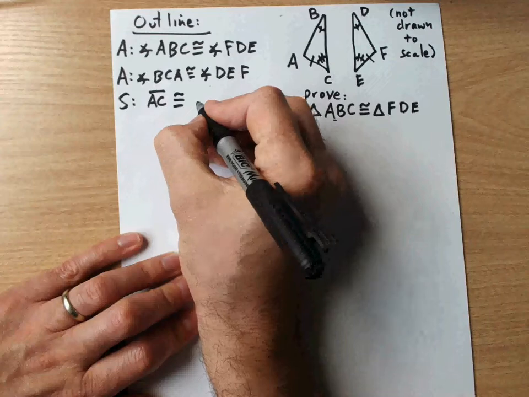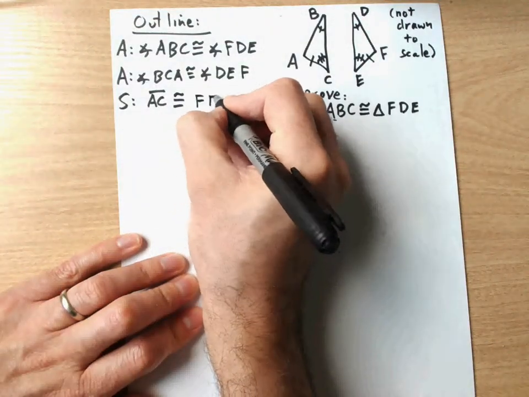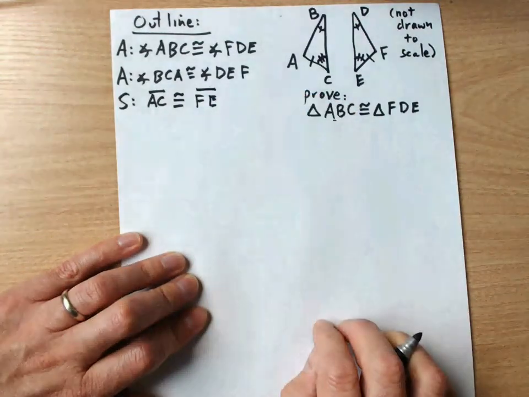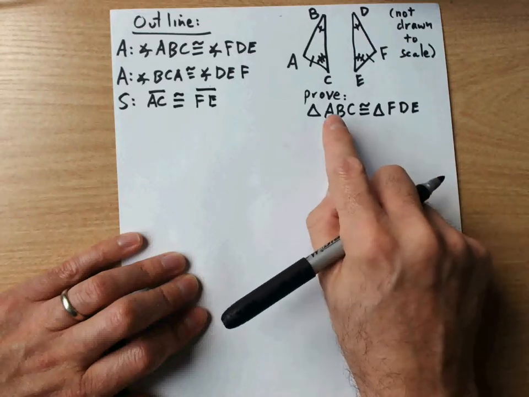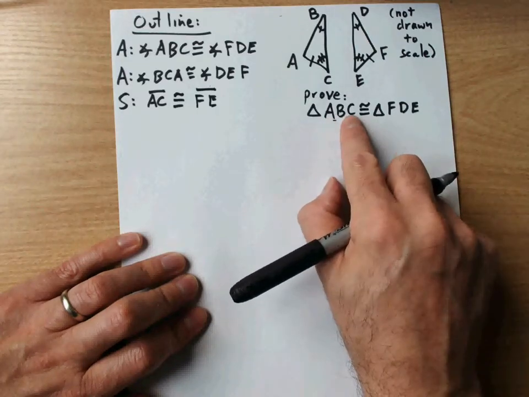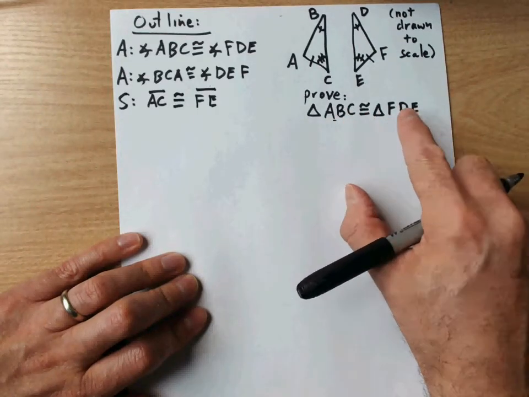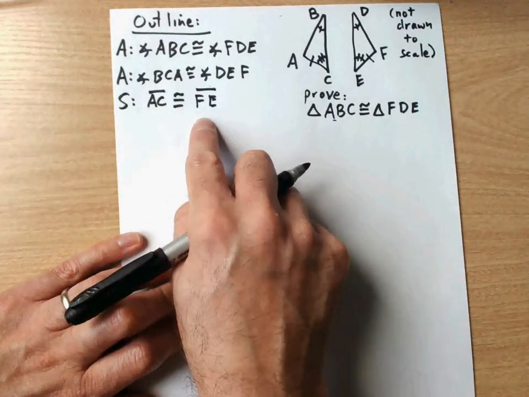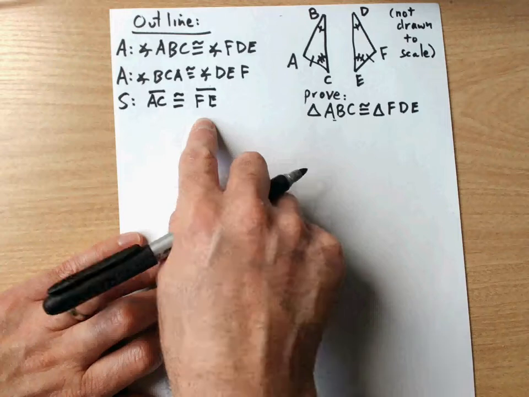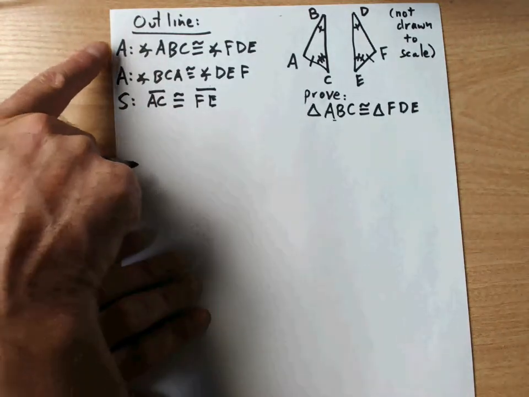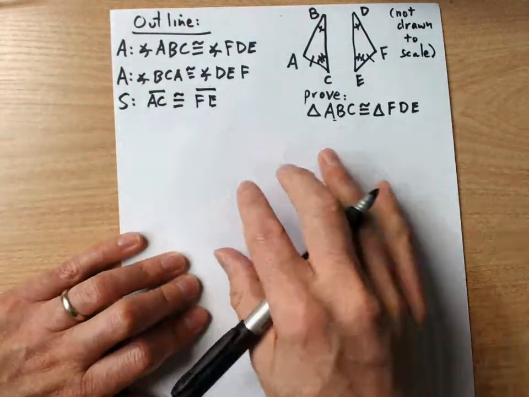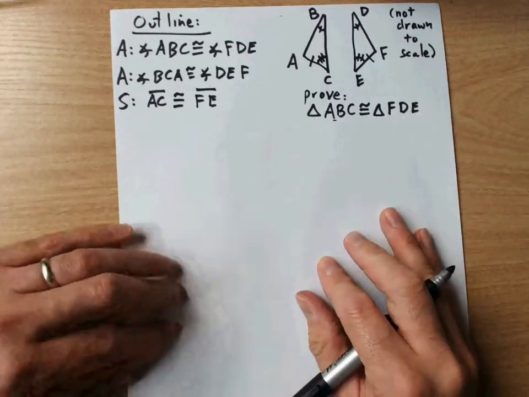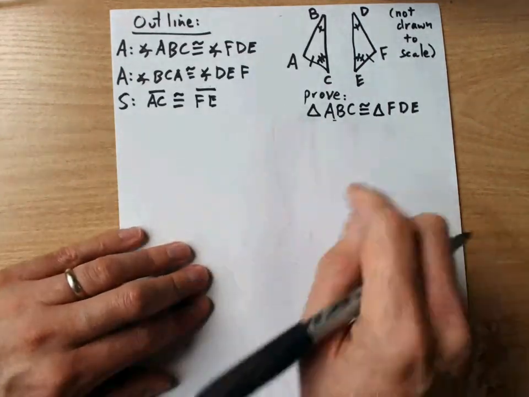E. So it's FE, segment FE. And again, you can see this is AC, first and third, corresponds with FE, first and third. So those two segments correspond. Alright? Now if you know your triangle congruence methods, again, we have AAS, so we're already done. This is the most basic that a triangle congruence proof can be, because everything was given.